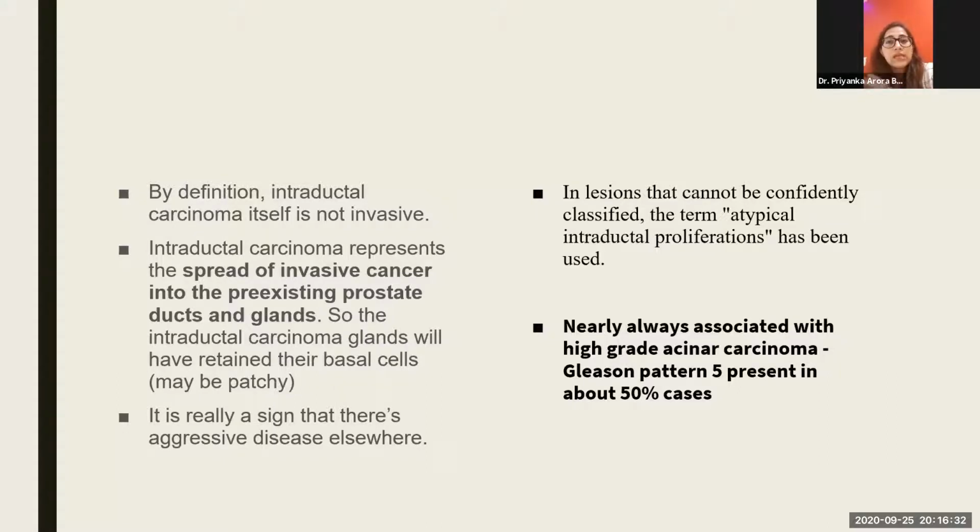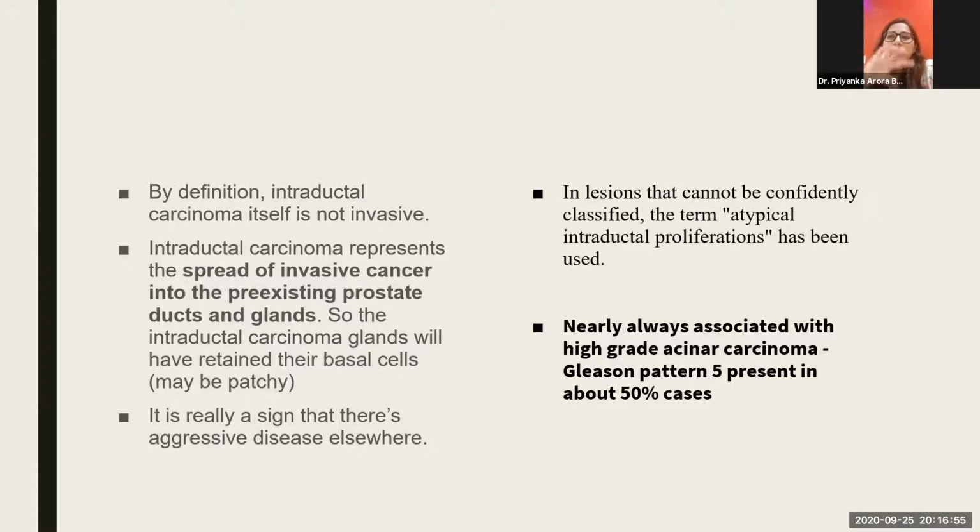So obviously, they are not the ducts that are malignant. These are the malignant cells that have filled the ducts. And when you do a cross section, you see that the ducts are normal. They are lined by the basal cell layer, but they are filled with these malignant cells which have necrosis.